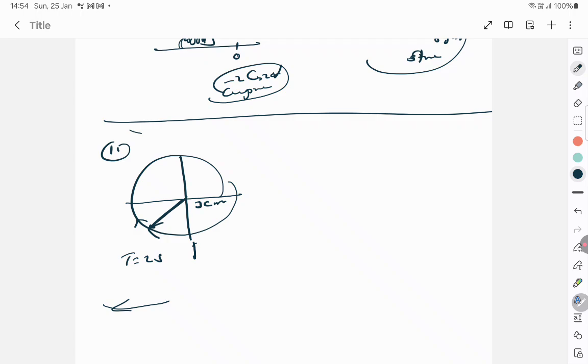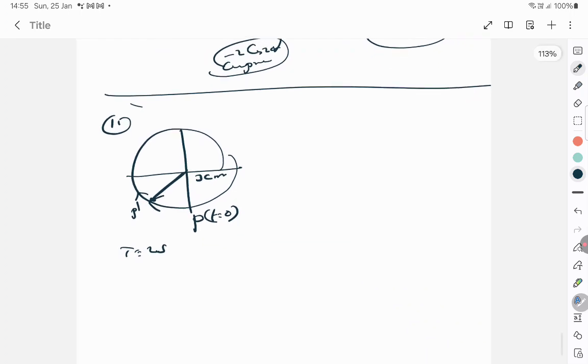Oh, they seem to be saying this is the initial position, t equal to 0, and this is P dash, which is the final position. It's approaching like this. The total time period has been given to be 2 seconds. Amplitude, you know. So this is where it starts.